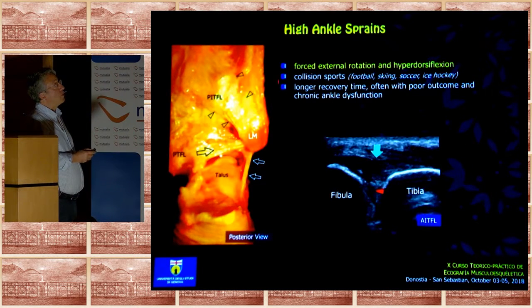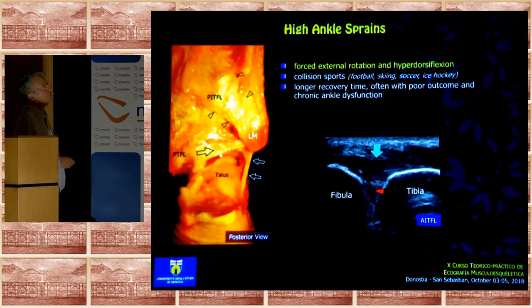They are common in collision sports, and in general, when this ligament is affected, the outcome is poorer. There may be associated fractures, especially Weber B, Weber C fractures, and there is a chronic ankle dysfunction.